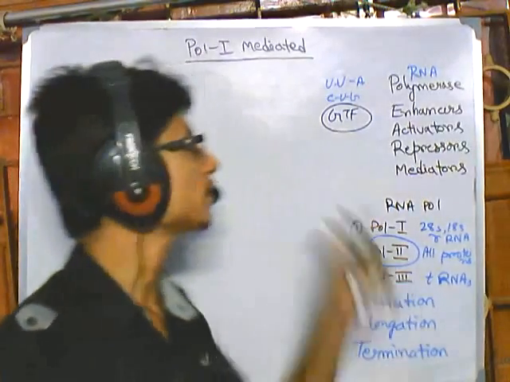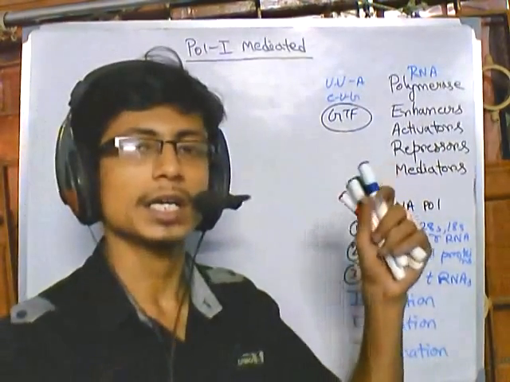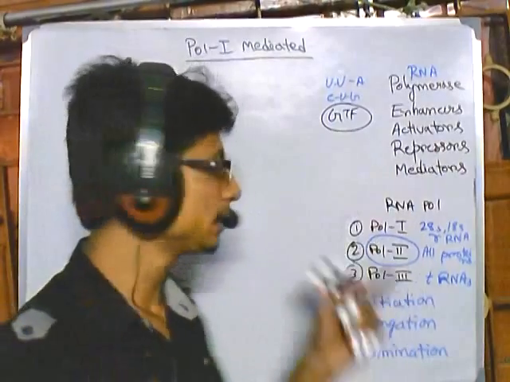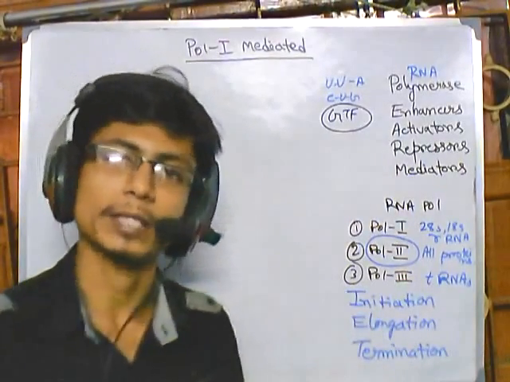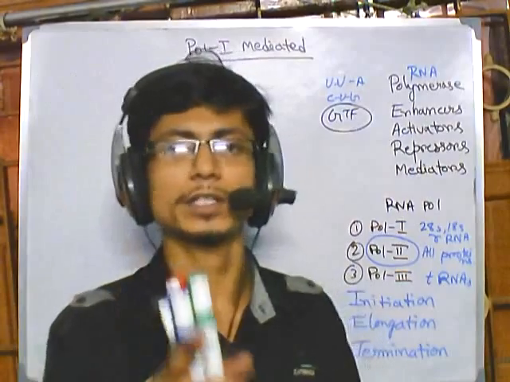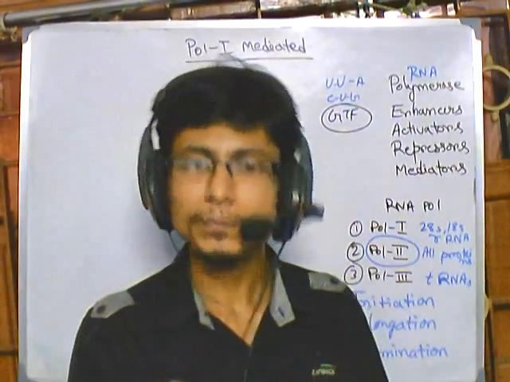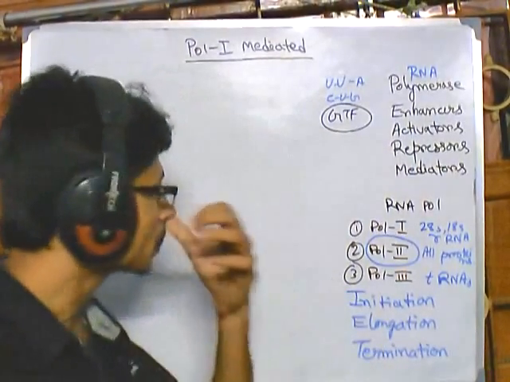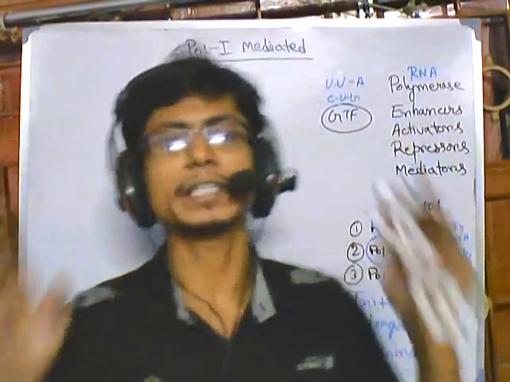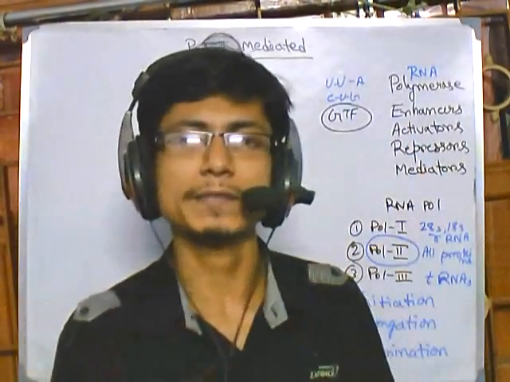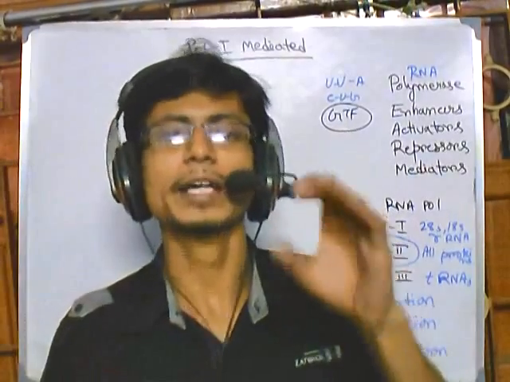Now these GTFs will in turn enable the polymerase to do the function, just like the prokaryotic RNA polymerase, which can function all in one. In this case, there are specific regions in the DNA where these factors have higher affinity to bind.